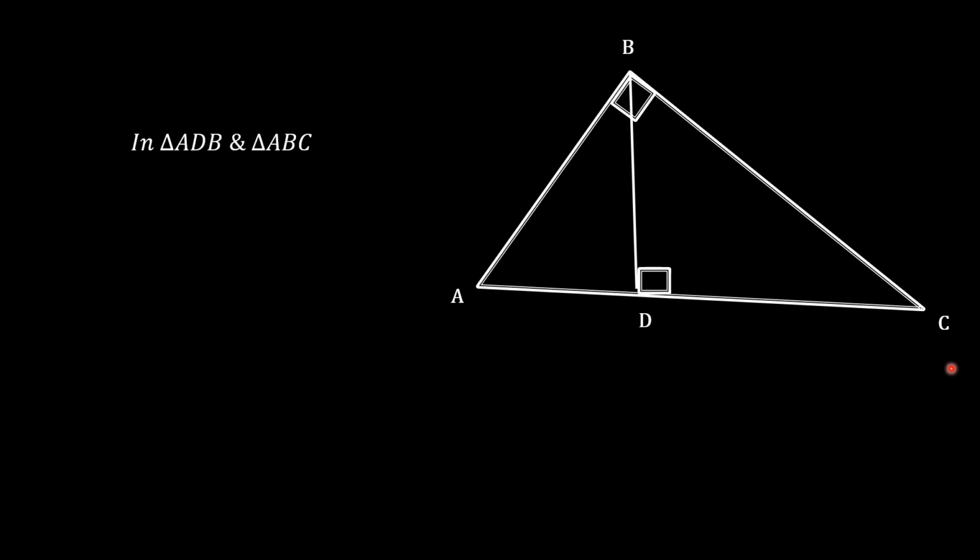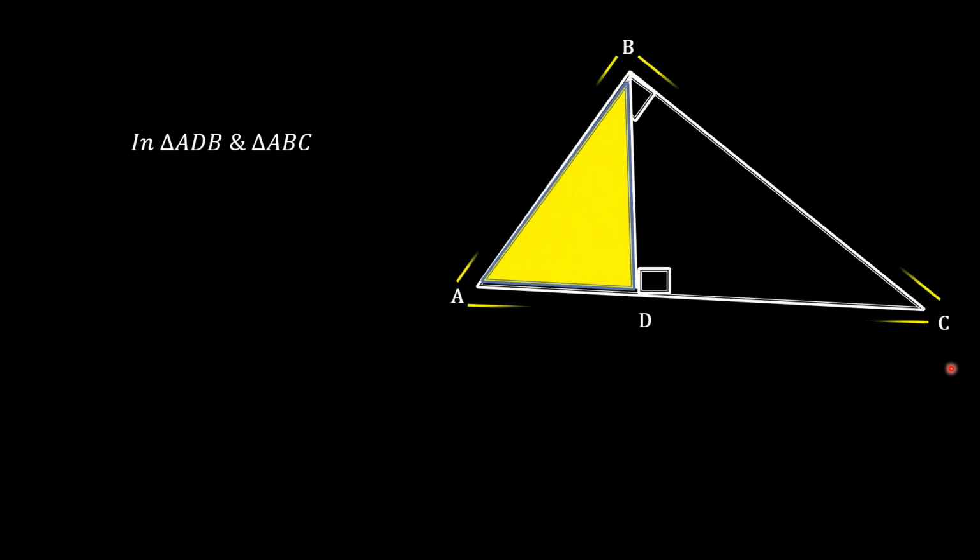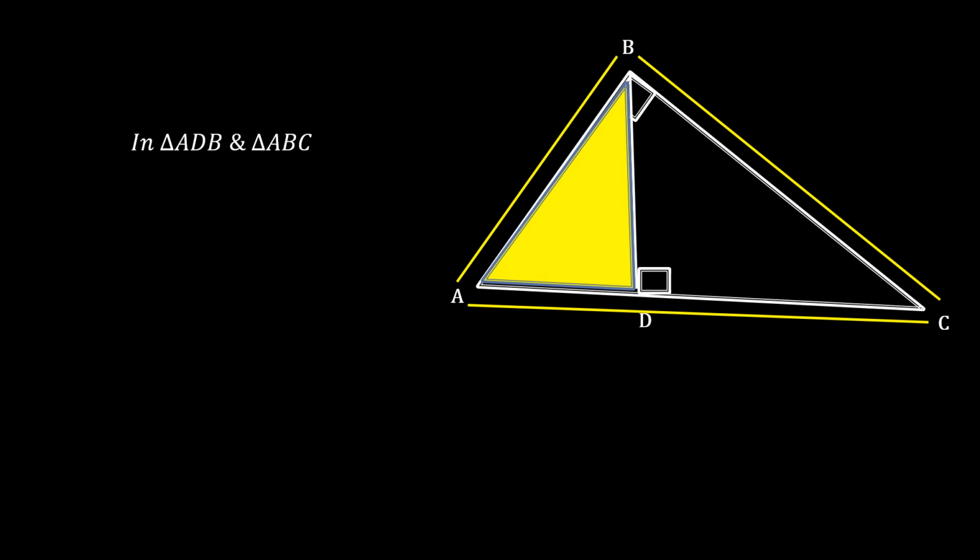If we take this triangle ADB and ABC, this triangle and this complete triangle, in these two triangles, see, this angle A is common in both the triangles. Also this angle is of 90° as well as this angle is of 90°, given to us.